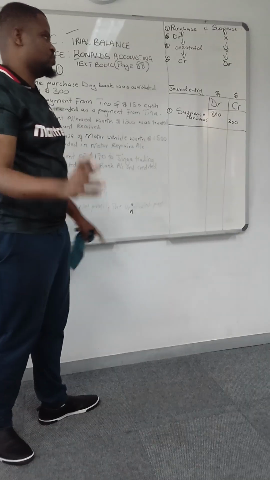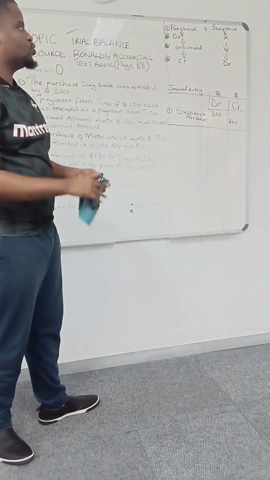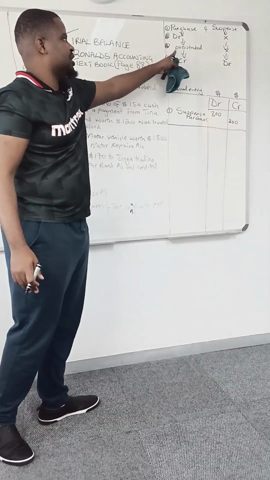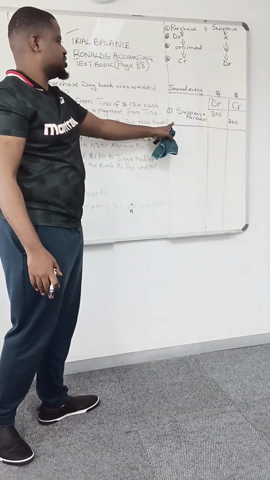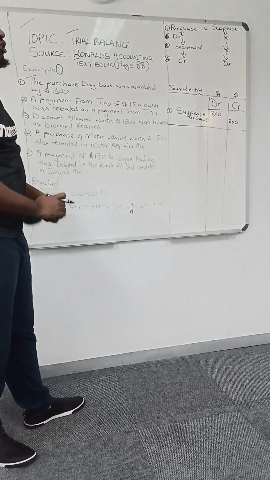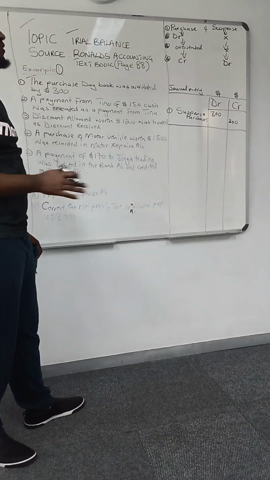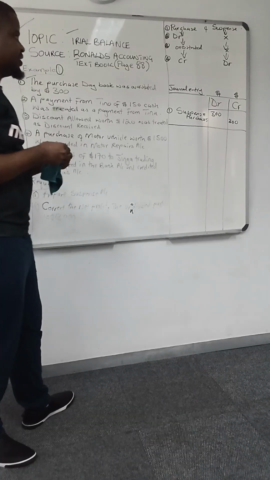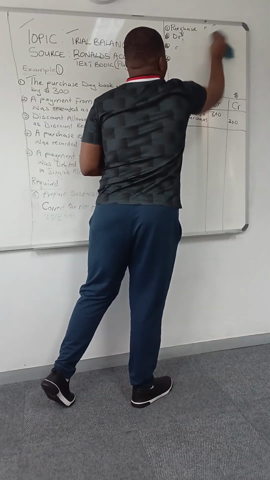If narrations are required, you just write: purchases were overstated. That's the narration. So once you follow those steps, your life will become very, very easy. This is journal entry number 1 for purchases, right? Then we move to number 2.